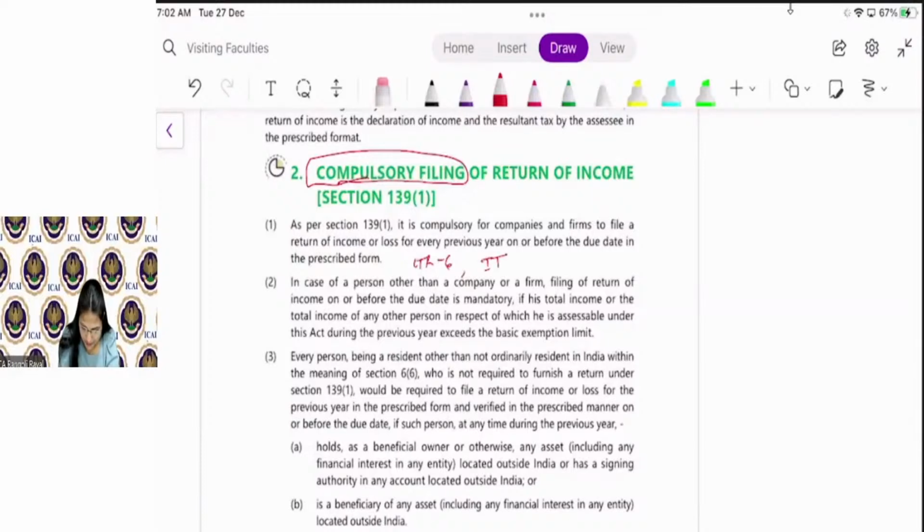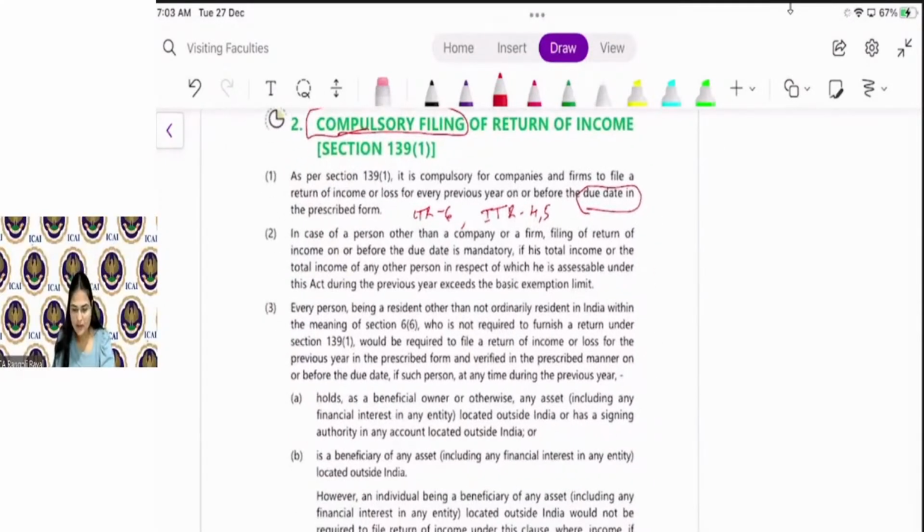For a firm, the prescribed form is ITR 4 or 5. So companies and firms have to file their return of income even if they incurred loss during the previous year, before the due date. What is the due date? That we will discuss later.